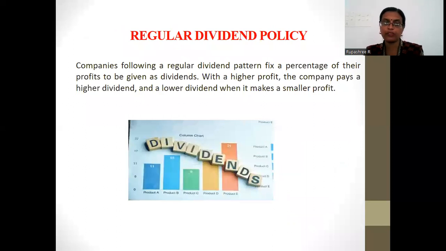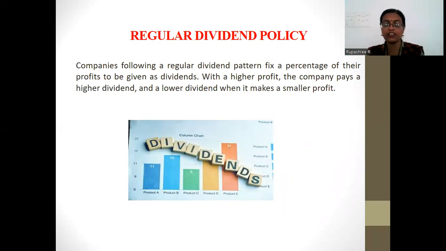Regular dividend policy. Any company that pays a fixed percentage of profit as dividends on a yearly basis to its shareholders is said to follow a regular dividend policy. Let us be clear on what we mean by fixing a percentage of the profit. For example, let's say ABB Limited has a profit of 1 lakh rupees during a given period of time.